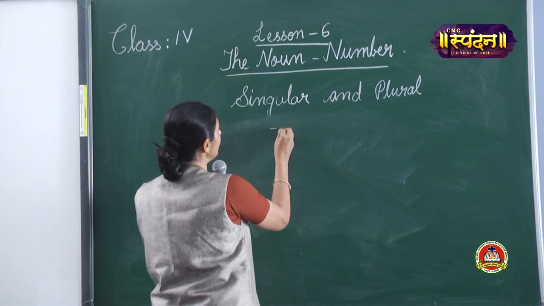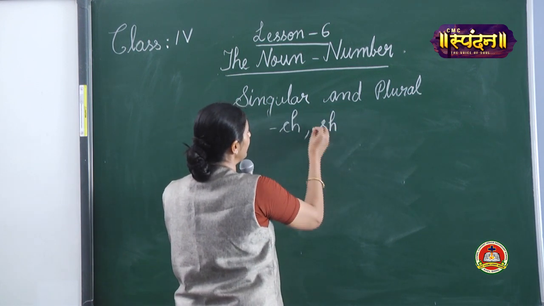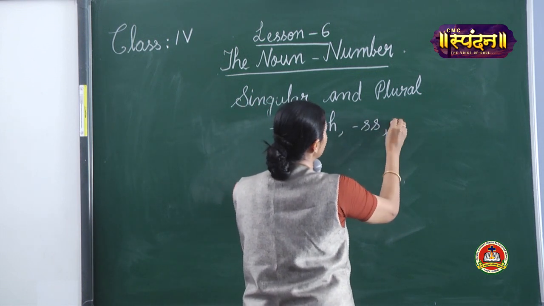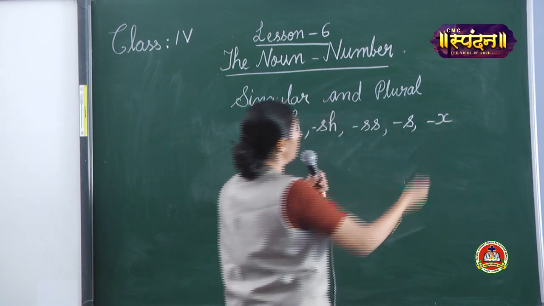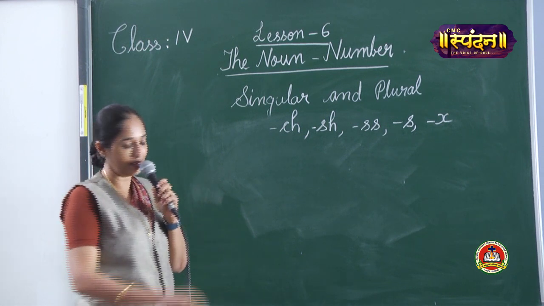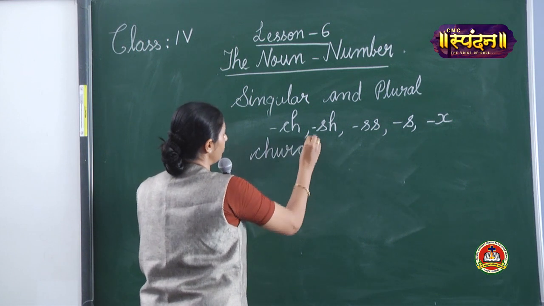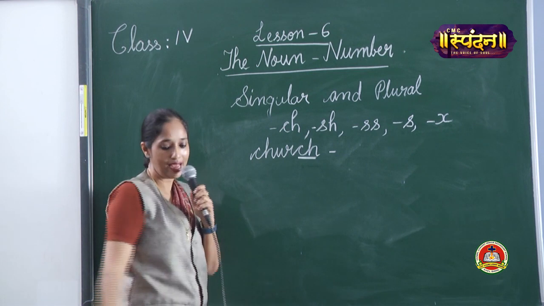So words ending in ch, sh, double s, s, and x. We are going to have a look at the words from this category. So word ending in ch, church, it's ending in ch.